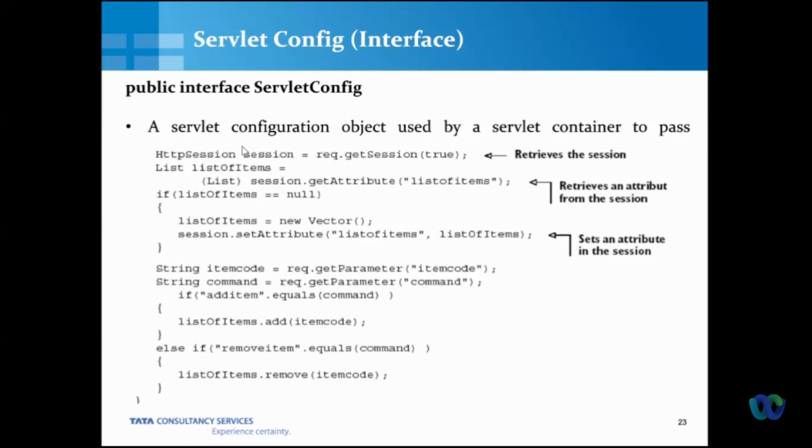What is the use of get init parameter? Get init parameter names will return the names of the servlet's initialization parameters as an enumeration of string objects, or an empty enumeration if the servlet has no initialization parameters. What is enum?